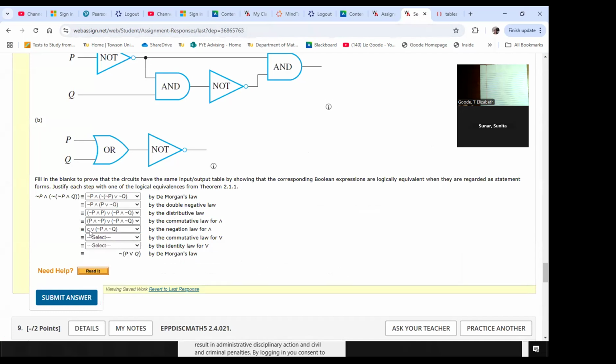The or is between the contradiction and not P and not Q. So what would be the result using the commutative law for or, if we commute across the or?